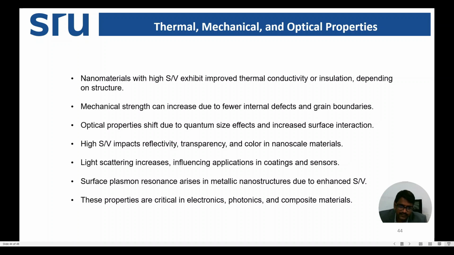So how can we improve surface plasmon resonance? Because of enhanced surface to volume ratio. For example, if you take 100 nanometer gold nanoparticles and 10 nanometer gold nanoparticles, what will happen?